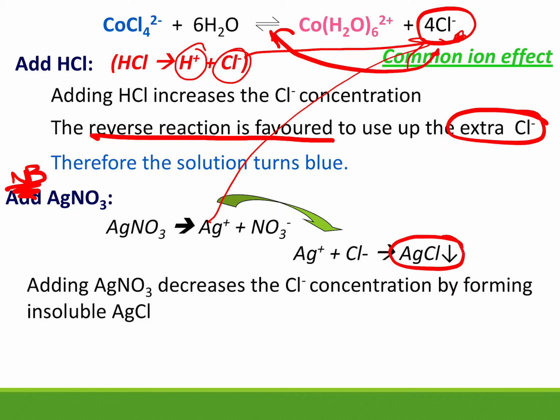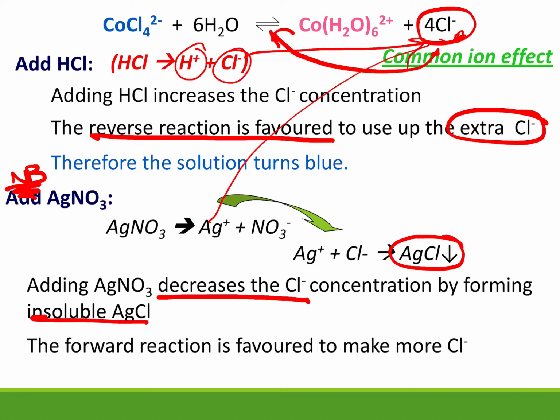So adding AgNO3 decreases the Cl- concentration by forming the insoluble AgCl, okay? The forward reaction must then be favoured in order to make more of the Cl-, okay? Because that's what it wants. Therefore, my solution turns pink.